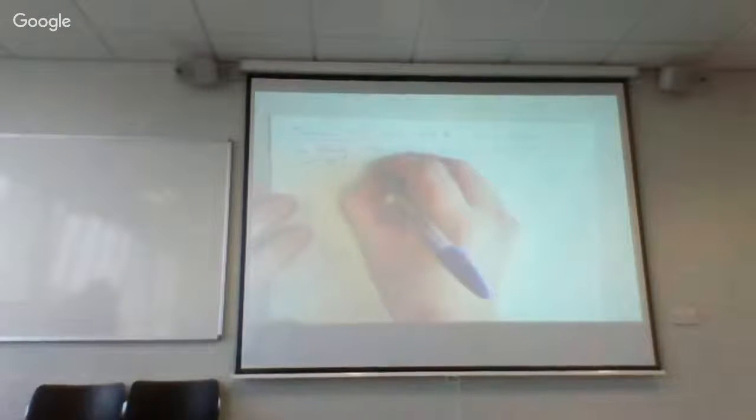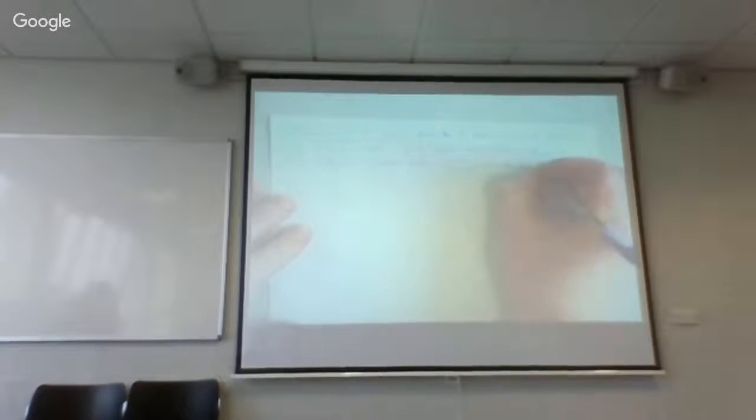Of course, P is a prime, so P is an odd number, but P minus 1 is even. So this theorem says there are (P minus 1)/2 quadratic residues, and hence there must be the same number, (P minus 1)/2, of non-residues.